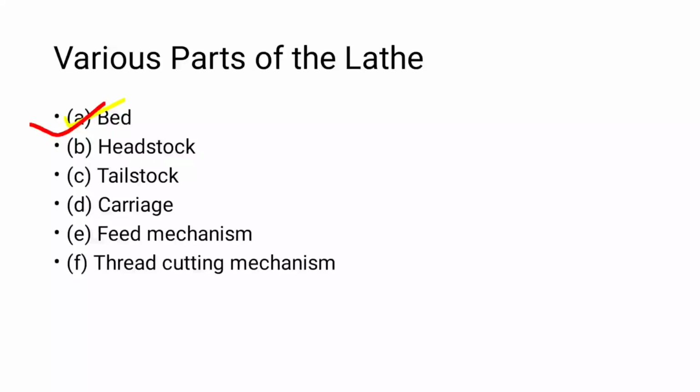It acts as a base of the machine on which different fixed and operating parts of lathe are mounted. The headstock and the tailstock are mounted on either end of the bed, and the carriage rests on the lathe bed and slides on it.